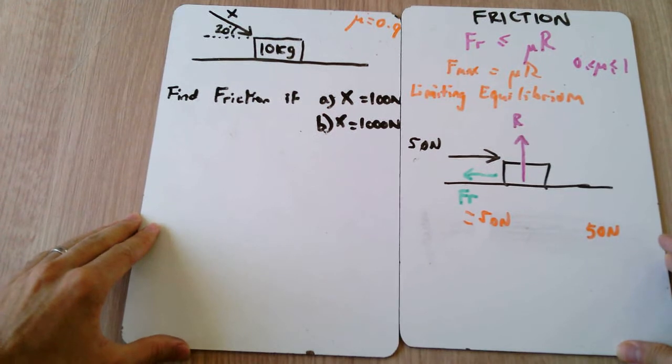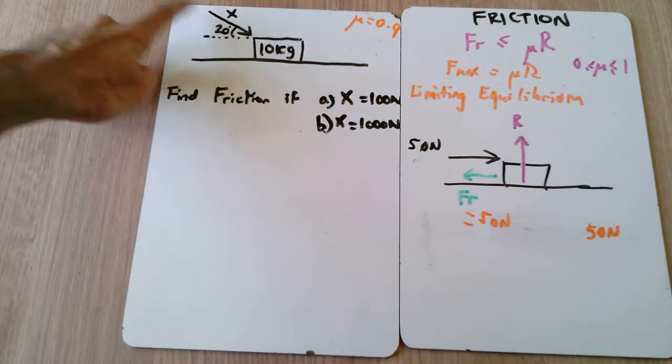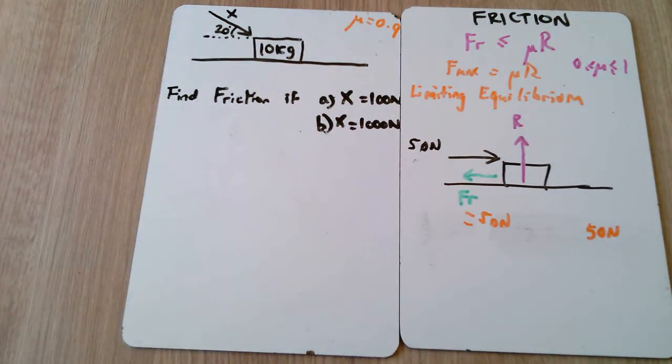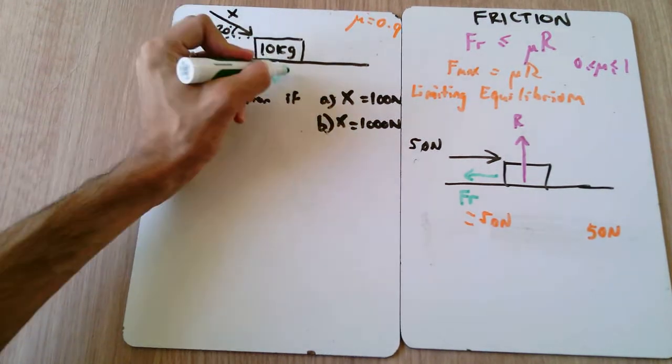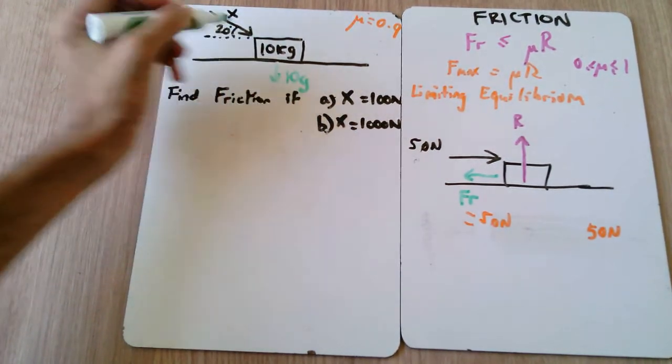Now we can see the key difference in this question is we've got this force X acting at an angle. Now what this is going to enable us to show is the value of R will be a little bit different to just the weight. Because if we label our forces, we have our 10 kg coming downwards, or 10g acting downwards, our weight.